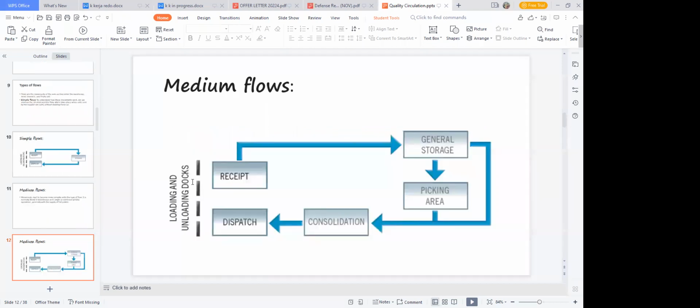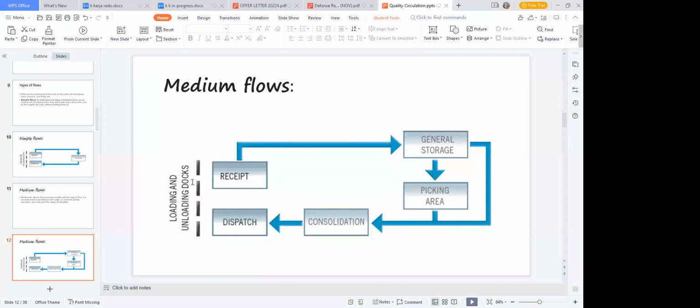This is the diagram showing the medium flows. From general storage, receipt, the arrival area, arrival dock, then move to general storage, and go to the picking area.